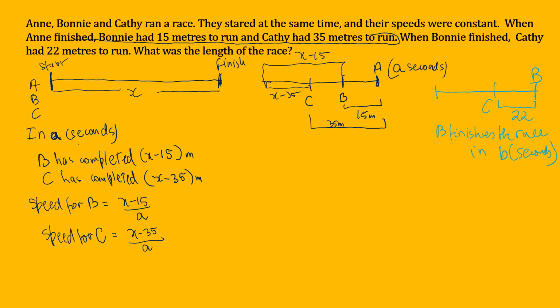So in B seconds, B has run x meters and C would run x minus 22 meters.